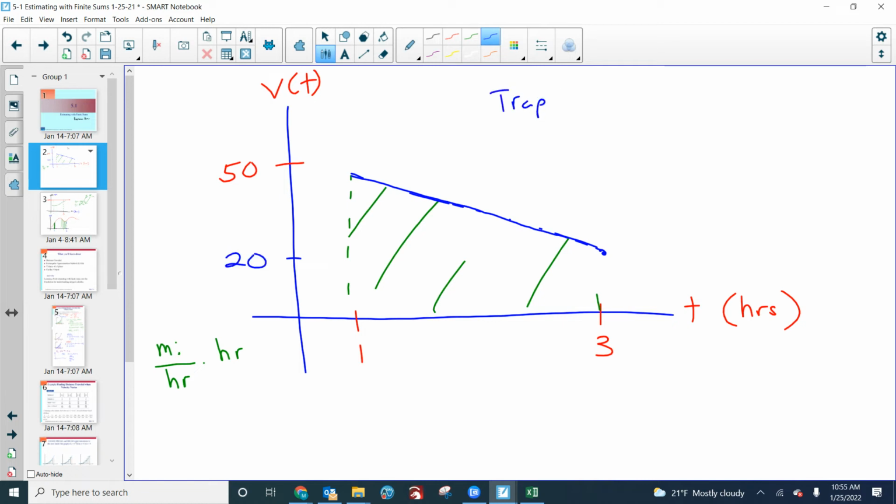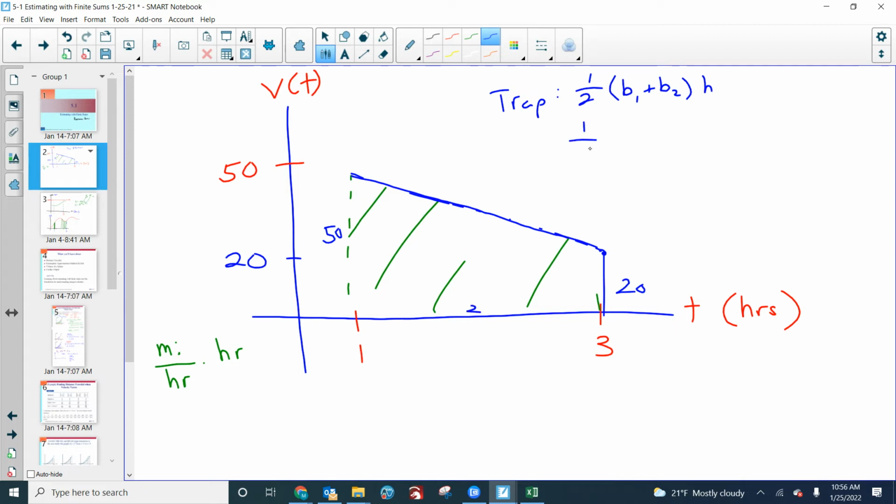The area of a trapezoid is 1/2 (b1 plus b2) times h, where h is the distance between the parallel bases. Remember that? So my parallel bases are actually vertical. So we would need 20, 50, and then what's h? 2.